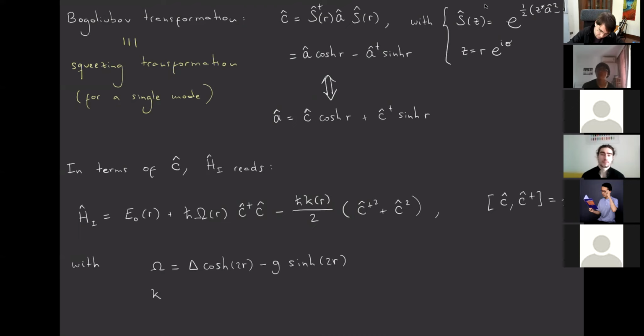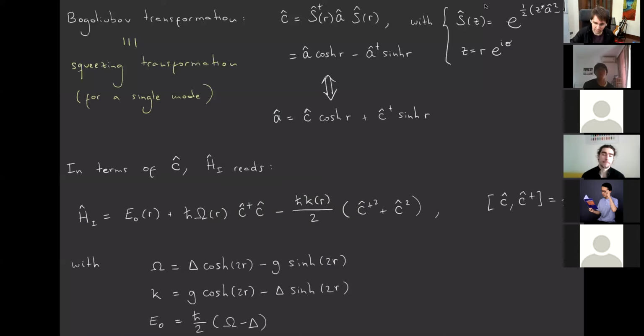Then this kappa is the opposite, or complementary, combination: the hyperbolic cosine of 2R multiplied by G minus the hyperbolic sine of 2R multiplied by delta. And this energy offset is very simple. It's just h bar over 2 times the omega that I just defined minus delta.